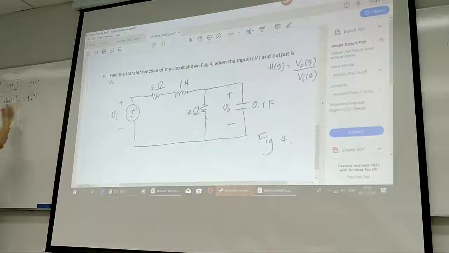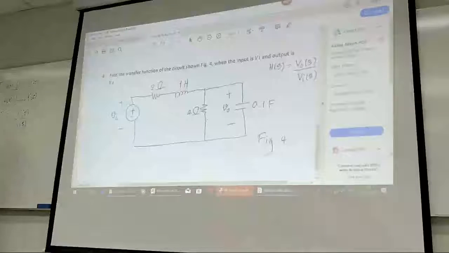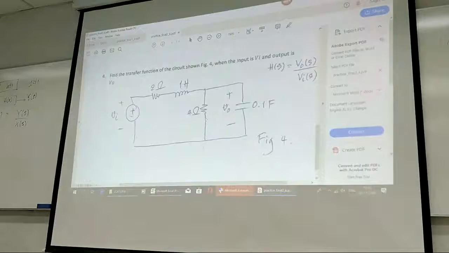To get H, you just use the output in the S domain divided by the input. That's it.